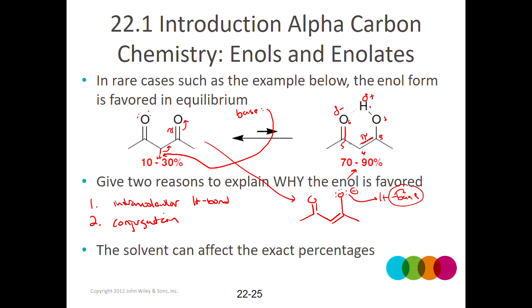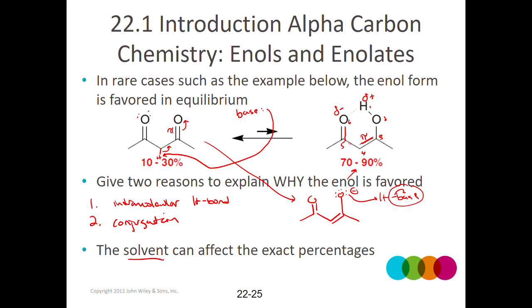We talked about conjugation in chapter 17. Here, the pi bonds aren't conjugated. So they're isolated, p orbital overlap over here, p orbital overlap over here. There's no extended p orbital overlap, so I don't get the extra stable molecular orbitals that result when you have p orbitals overlapping on multiple atoms in a row. So those two reasons favor the product.